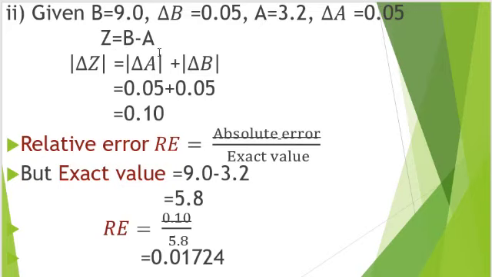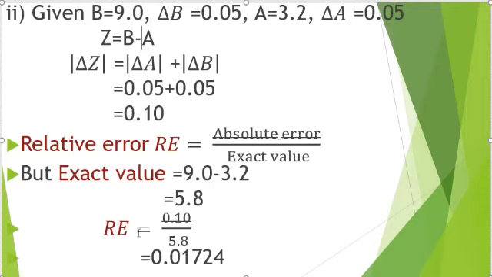Then we are looking for the absolute error and relative error of subtraction, B minus A. Now let us first get the absolute error for subtraction. It is change in B plus change in A. Then we substitute in, we are going to get the answer 0.1. Then relative error is absolute error over exact. Therefore, what is the exact? Which is 9.0 minus 3.2, since we are subtracting, which is equal to 5.8.